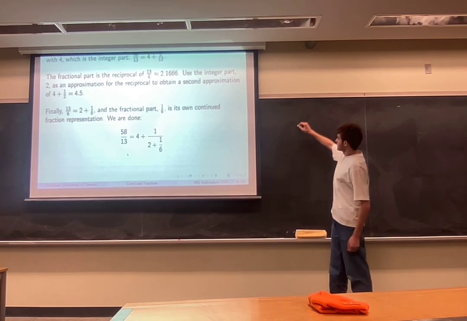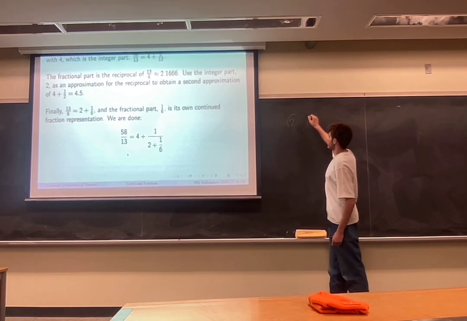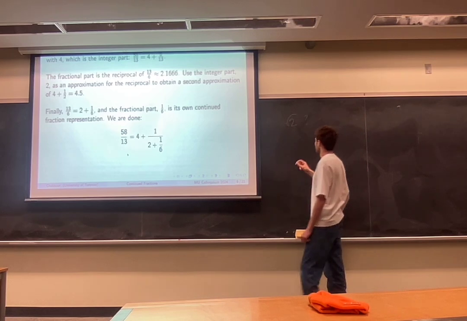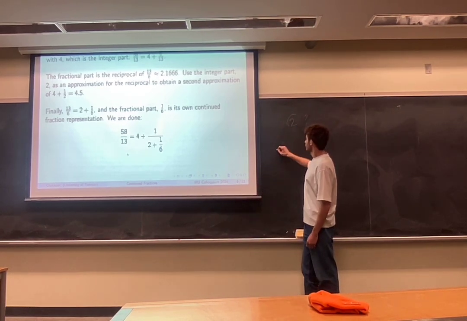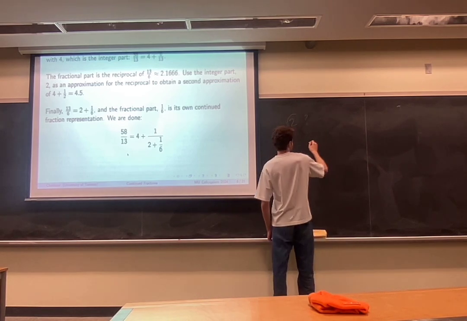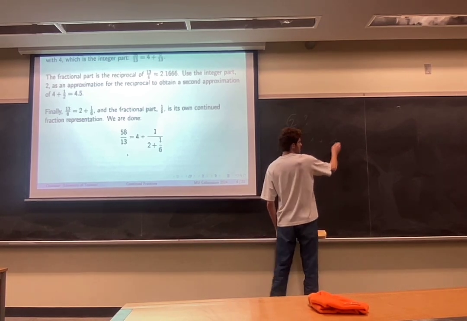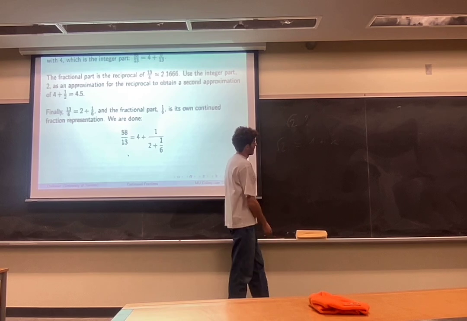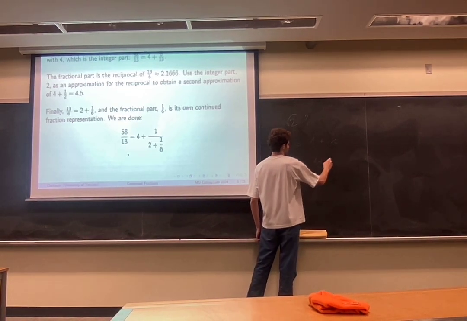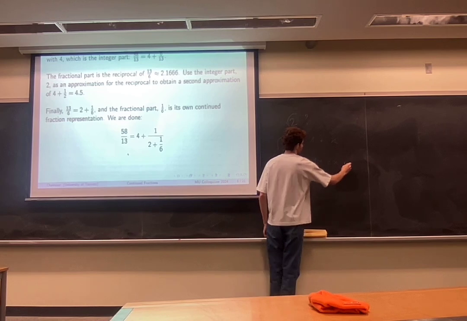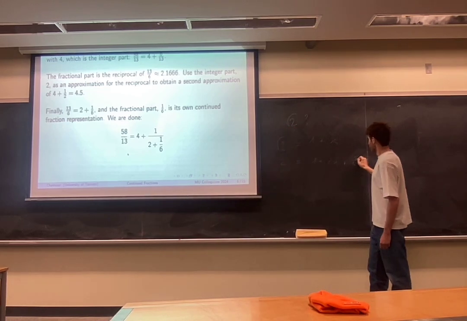What's the continued fraction representation of the square root of 2? Well, what is the square root of 2 approximately equal to? Like 1. It's 1 plus some fractional part, x. We can square both sides, which gives us 2 equals 1 plus 2x plus x squared.